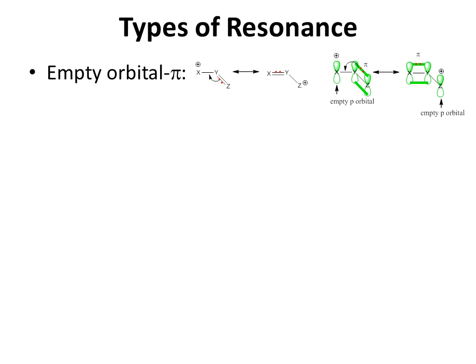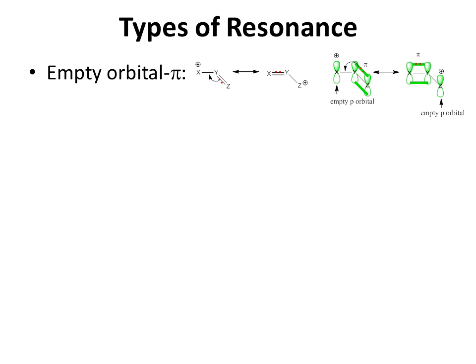So if you look at the green representation, there's our empty p orbital adjacent to our pi bond. Note how all the orbitals overlap. They're all parallel. This is going to become very significant when we describe a geometric requirement of resonance later. They have to be parallel overlapping orbitals. So you see that empty p orbital is pulling on the electron density from the pi bond.